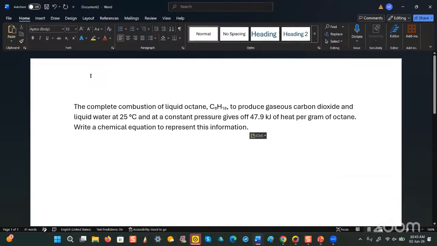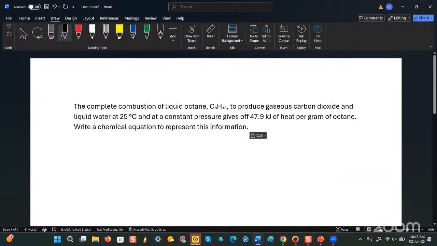So the first thing you have to do is write down a balanced equation based on the information provided. Okay, so based on the information provided, what would be the reactants, first thing? Well, no, reactants I'm asking for first, not products. So what would be the reactants?